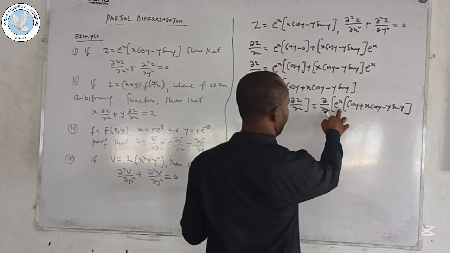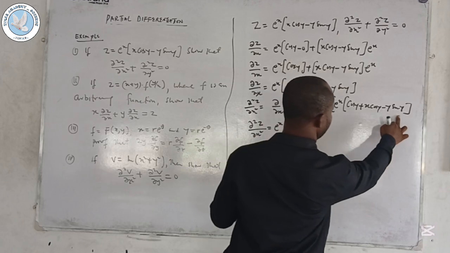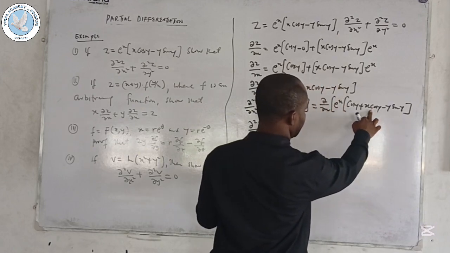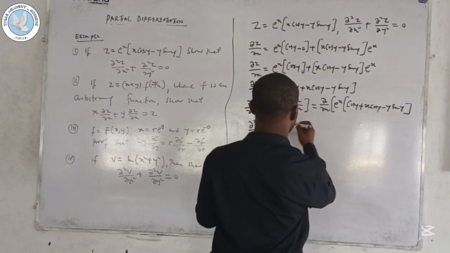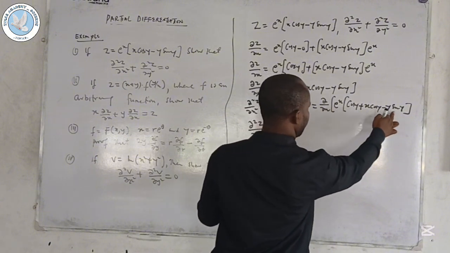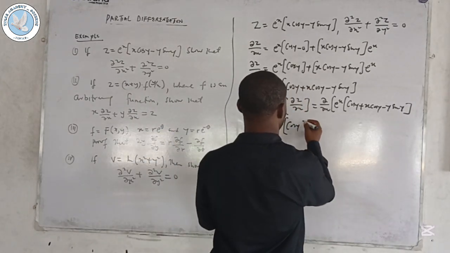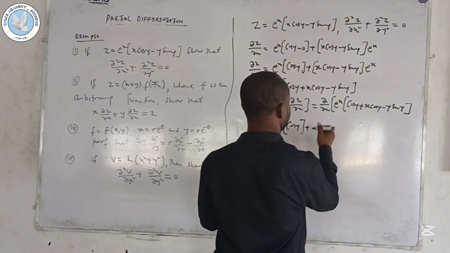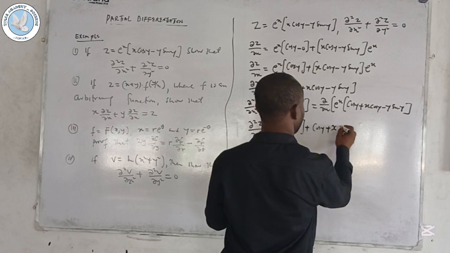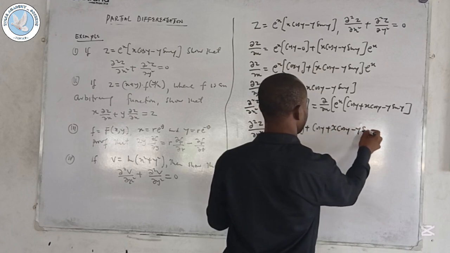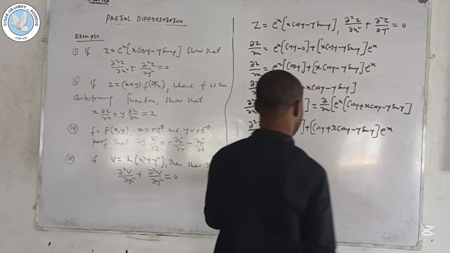So we can keep this exponential x and differentiate this with respect to x, and this is giving us this is 0. This is cos y, and also this is 0 because y is a constant at this point. So multiply this plus, I'm going to keep the whole of this cos y plus x cos y minus y sine y, and differentiate is giving you that.